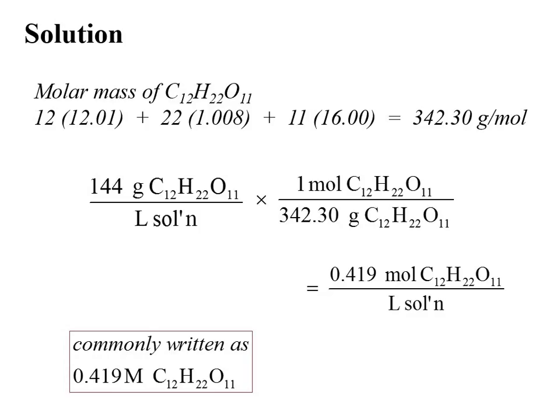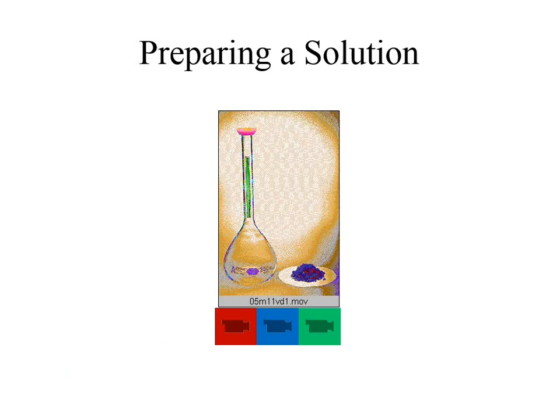Now my grams cancel. Unit-wise, I have moles per liter. So you get the same answer. This right here was our 144. So that's if you didn't have to go through grams per liter and you want to go right to moles per liter. That might help you for some of your homework.